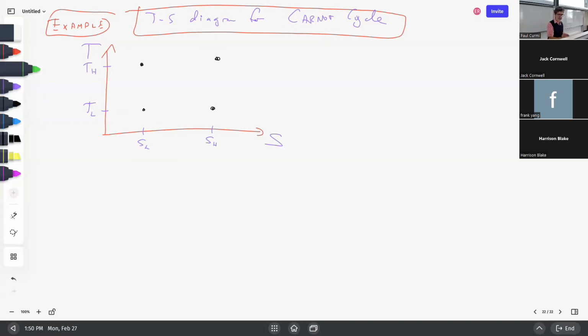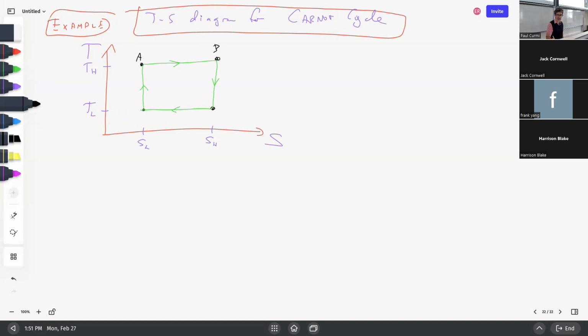And my Carnot cycle is an isotherm at high temperature, an adiabat, which is reversible, so it's isentropic, an isotherm at low temperature, and an adiabat. There it is. So put labels on them.